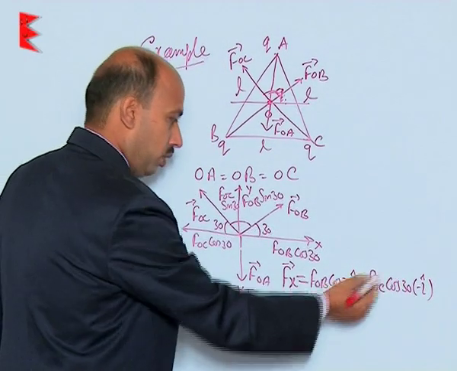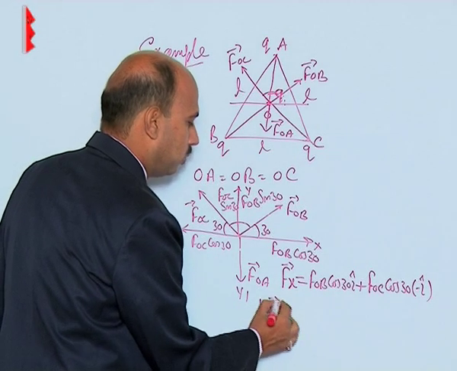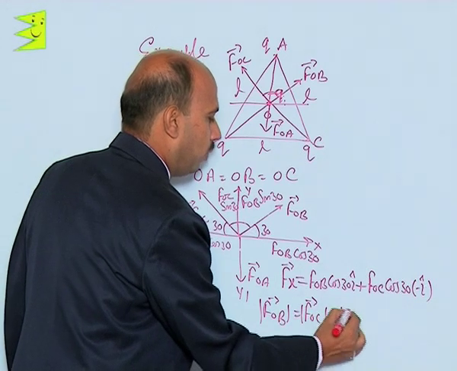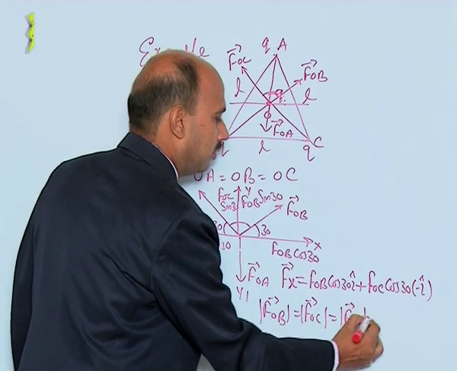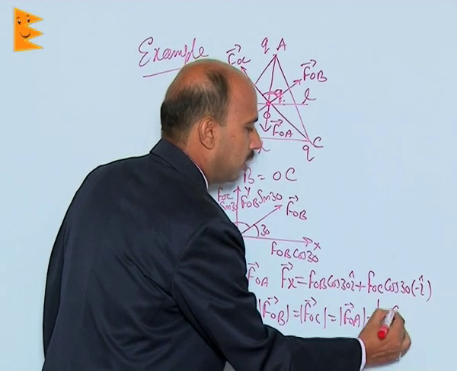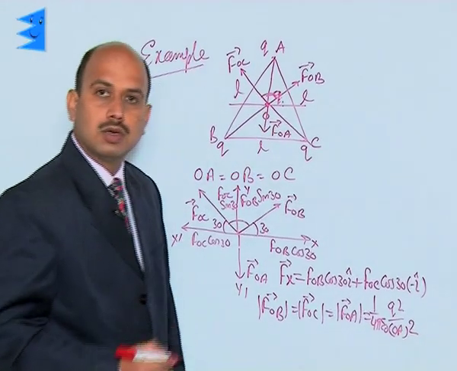Now here we can write magnitude of FOB is equal to FOC is equal to FOA is equal to 1 upon 4 pi epsilon naught Q square upon OA square.